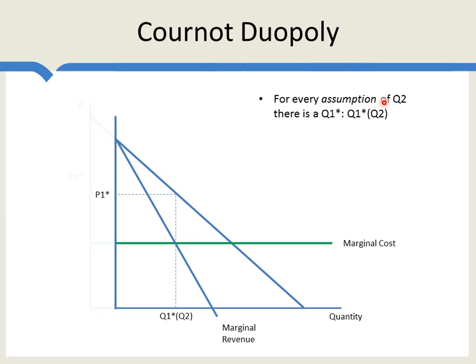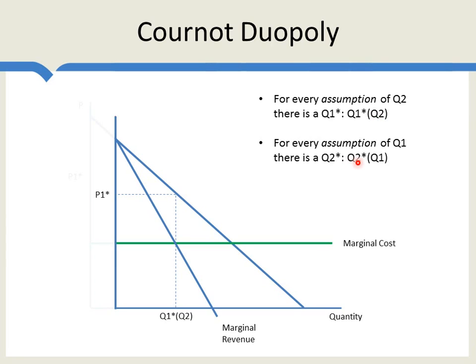So for every assumption of Q2, there is a Q1 star, where we can write this now as Q1 star as a function of a variable, how much firm 2 produces. Of course, firm 2 is also going to want to respond optimally to firm 1. So Q1 star is the profit-maximizing output of firm 1 given what firm 2 decides to do.